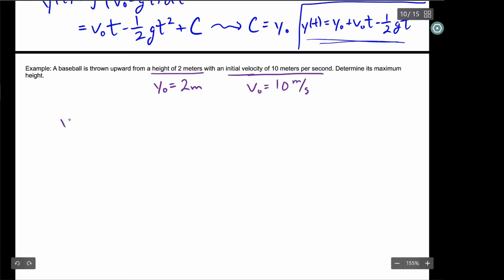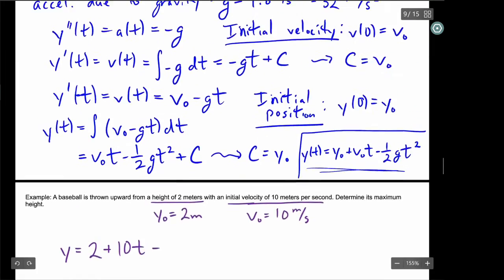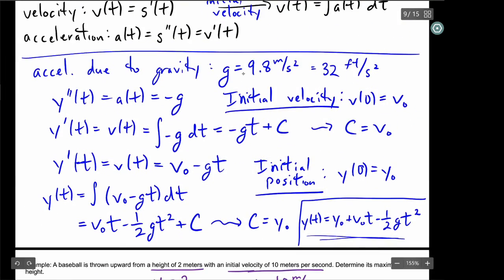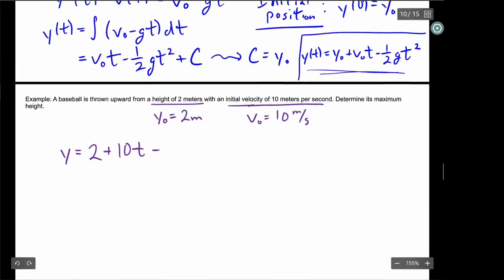So we know y is going to be 2 plus 10t minus, using g equals 9.8 meters per second squared, 4.9 t squared.